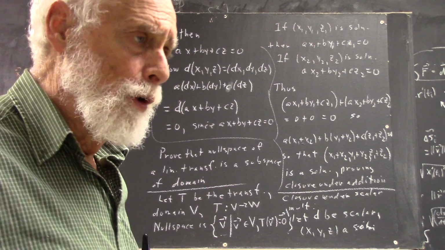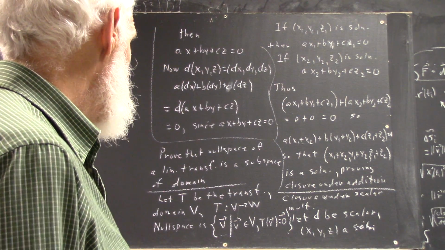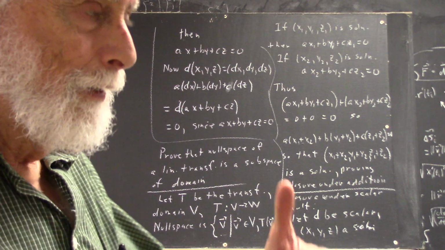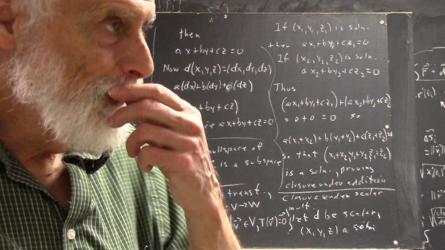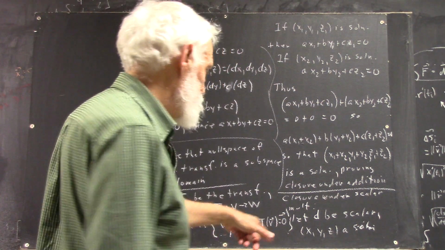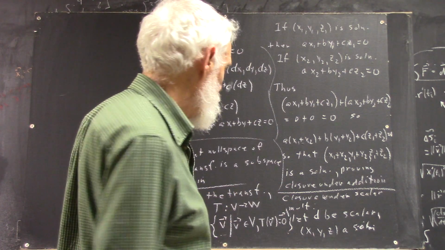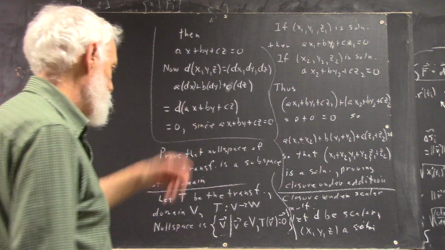I could write that out in words. I could say the null space would be the set of vectors V such that T of V equals the zero vector of W. I didn't even mention W in this, but officially maybe I should have.